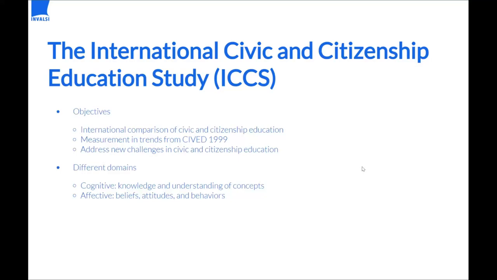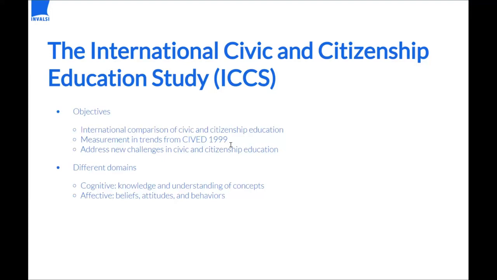The objective in general is to compare the civic and citizenship education in the different education systems. And also they want to measure trends from Civic 99, which is technically the one that is comparable with 2009, 2016, and will be comparable with ICCS 2022.